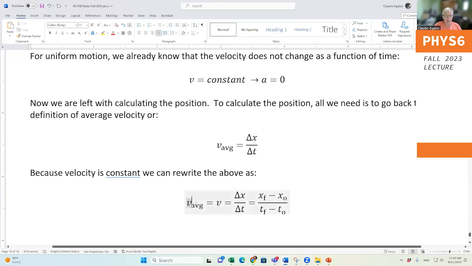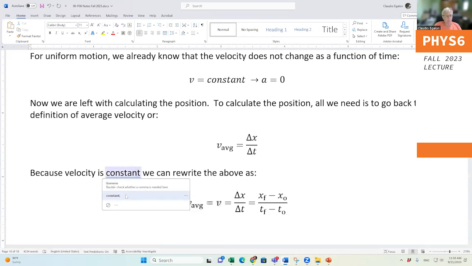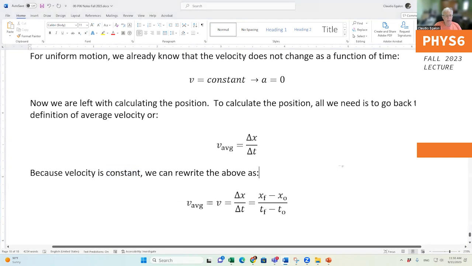Do you understand how I make this equality? That's straightforward, right? Velocity doesn't change, so the average velocity is going to coincide with the instantaneous velocity v.